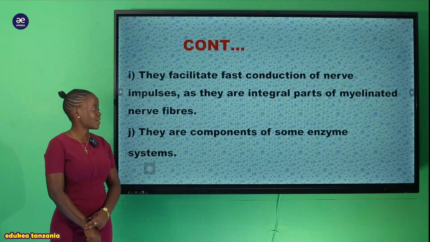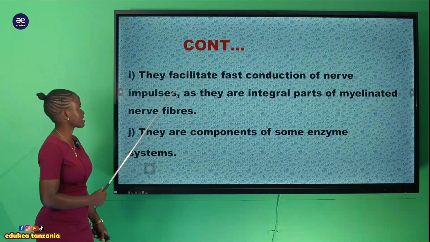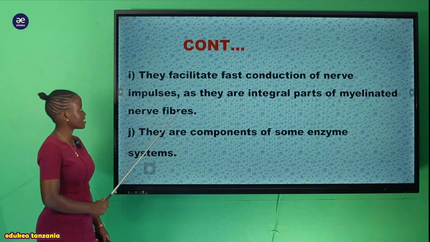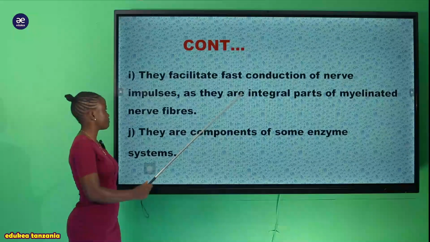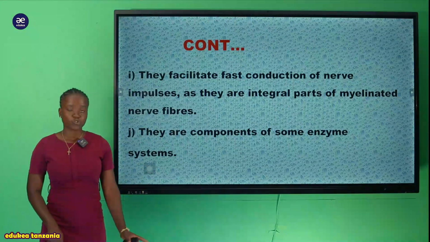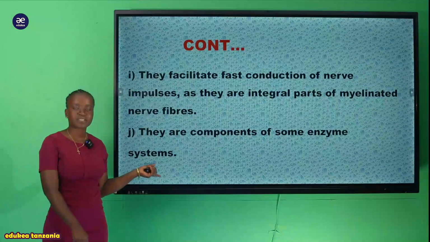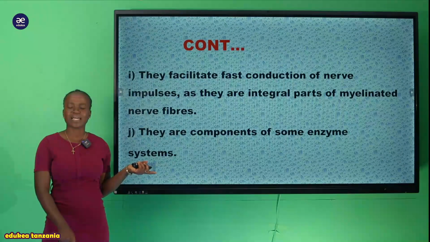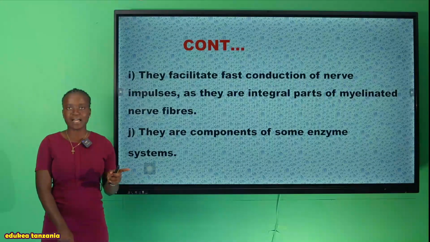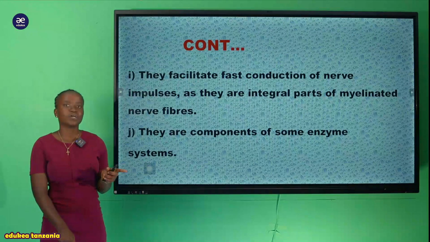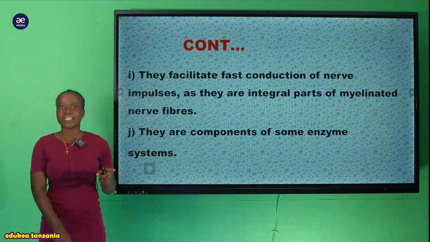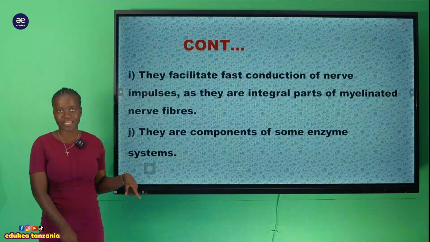Another function of lipid, simply we can say that it facilitates fast conduction of a nerve impulse, as they are an integral part of the myelinated nerve fiber. We saw, while we were discussing the compound lipids, for example those we saw, the sphingomyelin which is found within the brain.